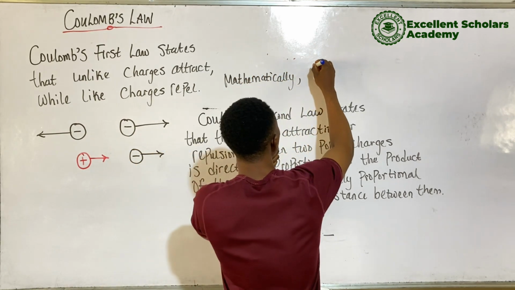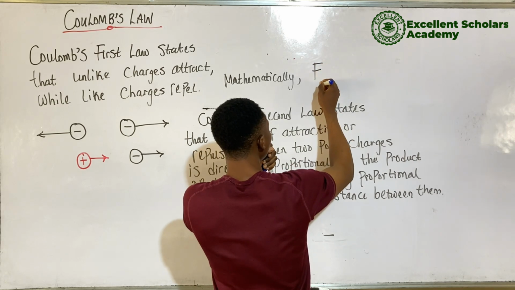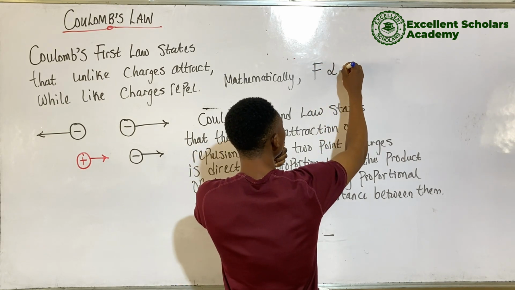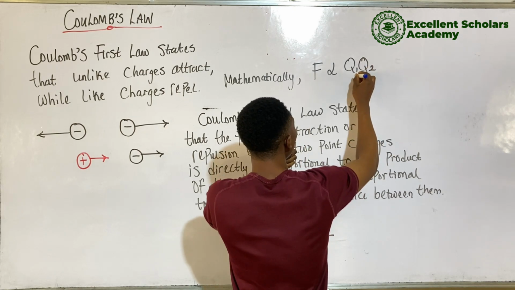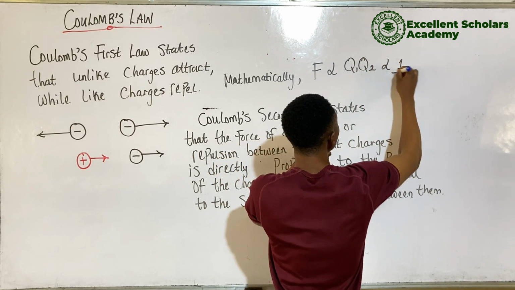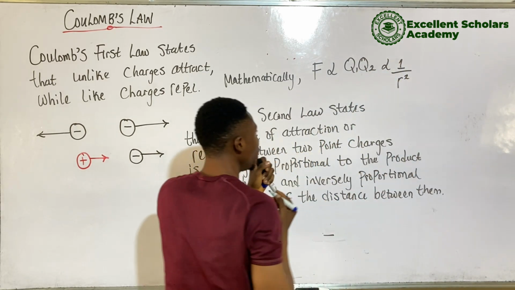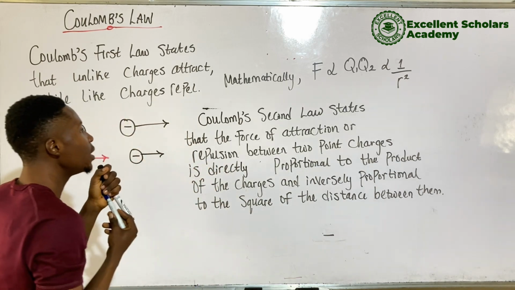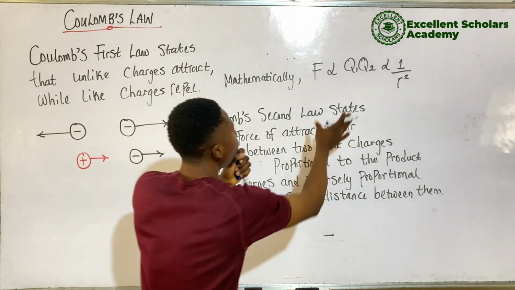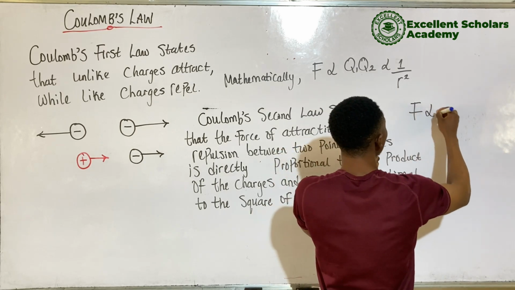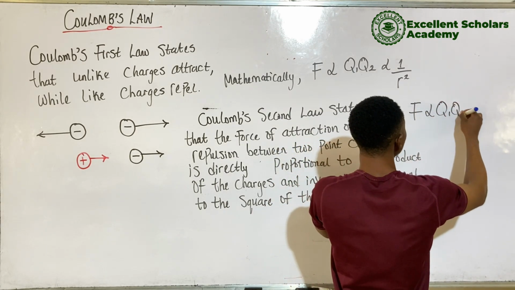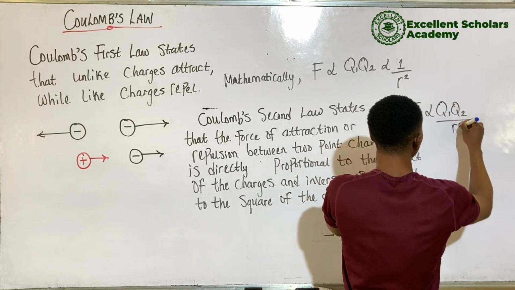Now mathematically, the force of attraction or repulsion is directly proportional to the product of the charges q1, q2, and inversely proportional to the square of the distance between them. So we could bring this together to become F is directly proportional to q1 q2 over r squared.